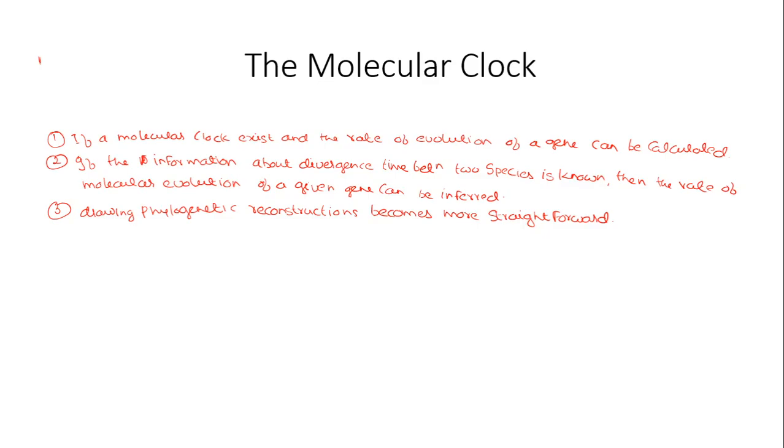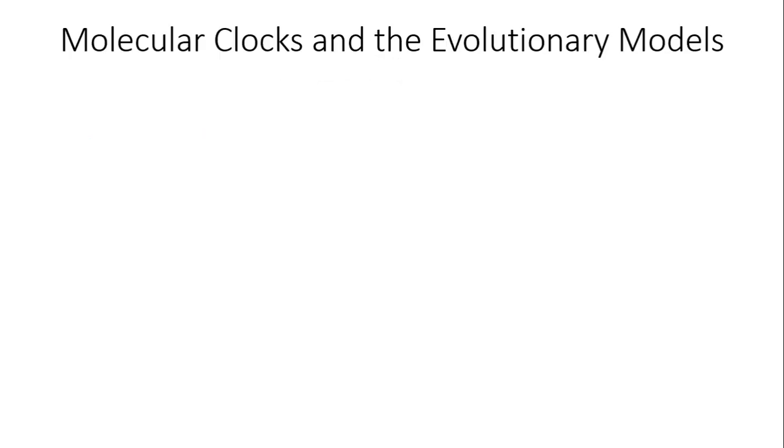Okay, so now let us come back to our topic of evolutionary model and try to understand how molecular clocks are relevant in generating evolutionary models. It is clear now that the very first step in the phylogenetic analysis of nucleotide or amino acid sequence is the computation of the matrix of genetic distance.